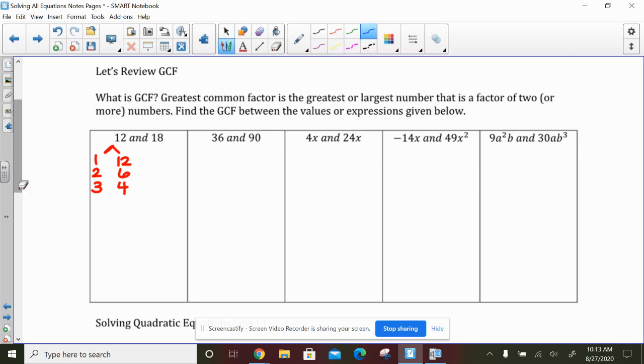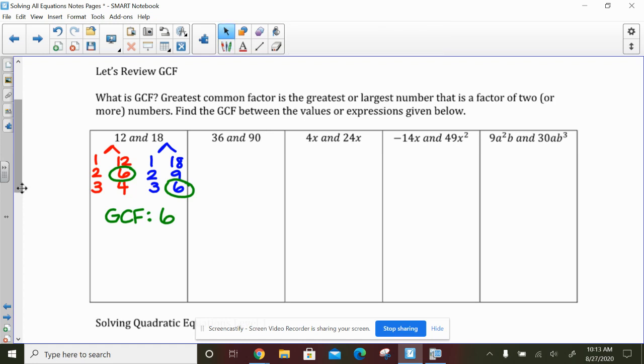And then 18, I have 1 and 18, 2 and 9, 3 and 6, and that is it. So when you look at your list and compare, what is the highest number that they have in common? Okay, and that would be the 6. So your GCF for 12 and 18 would be 6.